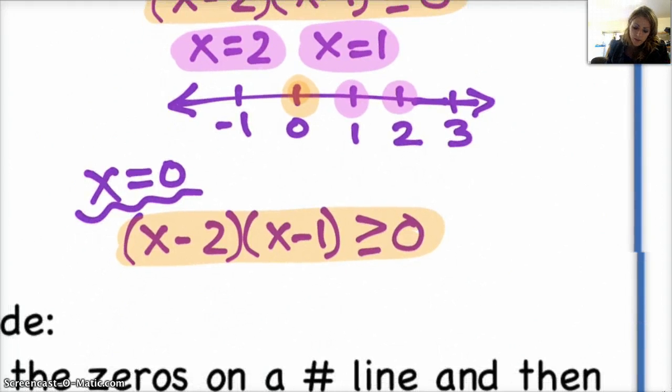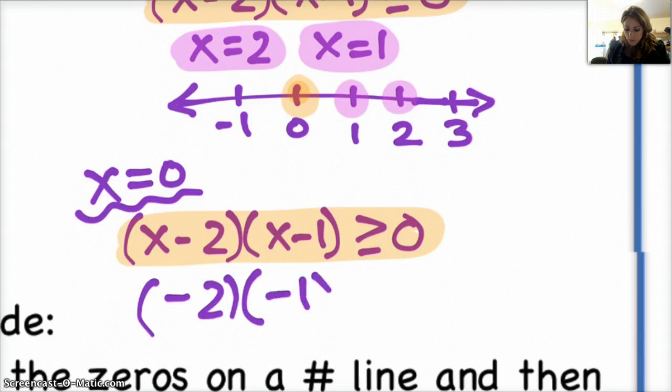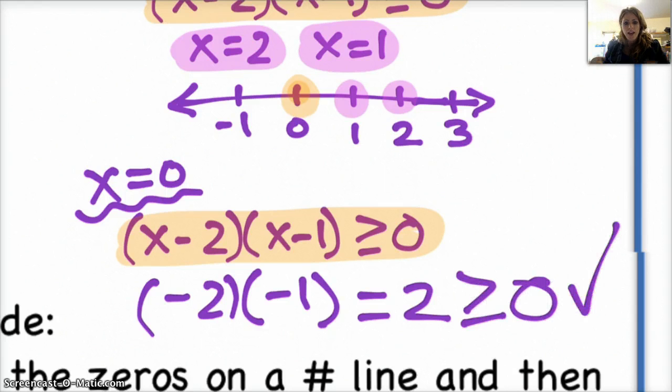When I plug in 0, I get 0 minus 2, which is negative 2, and 0 minus 1, which is negative 1. Is that greater than or equal to 0? That equals positive 2, which is in fact greater than or equal to 0. Hey, that's cool. So that means that the numbers to the left of 1 are going to work.